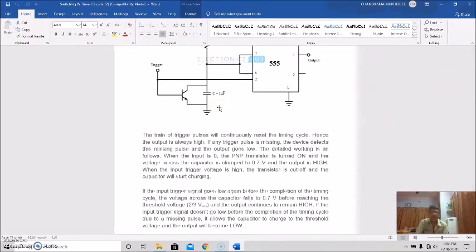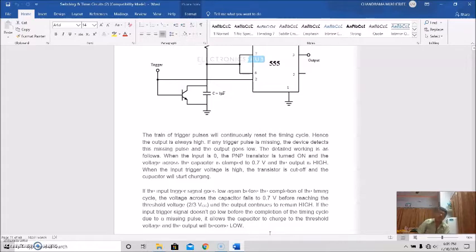When the input trigger pulse is high, the transistor is cut off, and the capacitor will start charging. Okay, so if the input trigger signal goes low again before the completion of the timing cycle, the voltage across the capacitor falls to 0.7 volt before reaching the threshold voltage, that is 2/3 of supply voltage VCC, and the output continues to remain high.